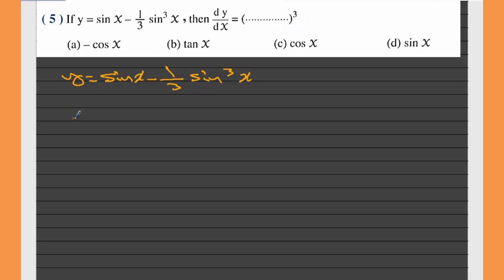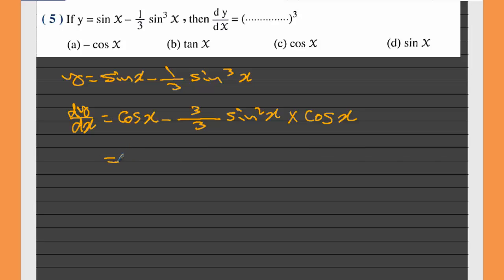So dy dx equals the derivative of sine is cosine x minus 3 over 3 sine square x, as the derivative of sine power 3 is 3 sine square, multiply the derivative of sine itself. It will be cosine x.